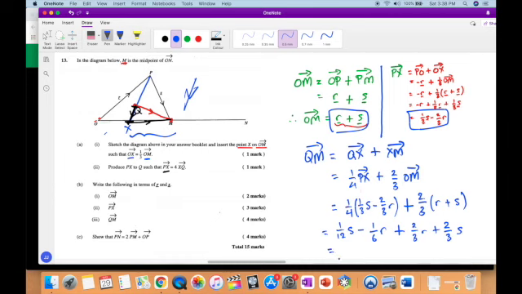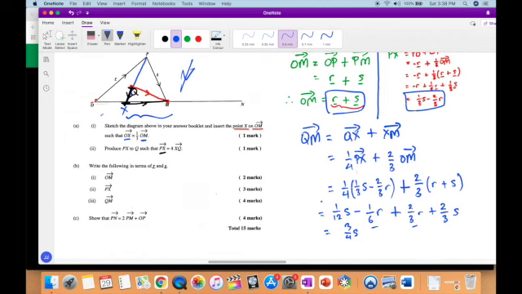And so the final answer will be, oh my goodness, what is 2/3 plus 1/12? 2 over 3, I could do it the brain way, plus 1 over 12. That is 3 over 4. So 3 over 4 S. And then 2/3 R minus 1/6 R is a half.